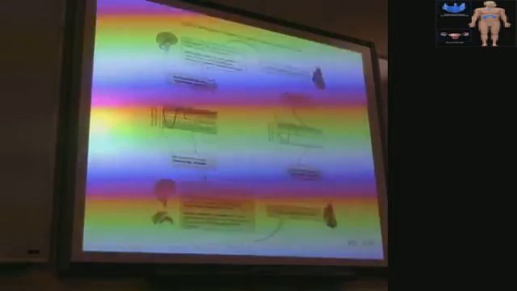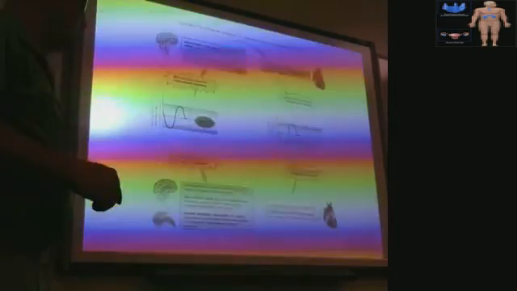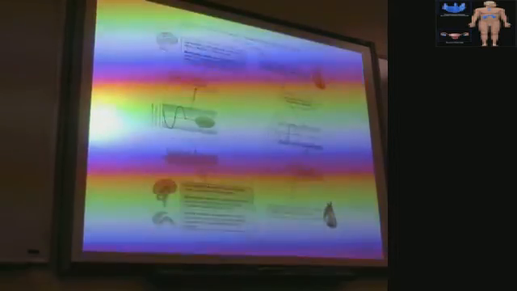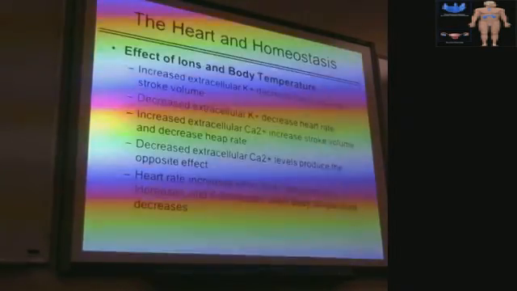If the heart's slowing down, then these baroreceptors are going to send information back to the brain or the adrenals to release norepinephrine and cause homeostasis to be restored by causing a stronger heartbeat.